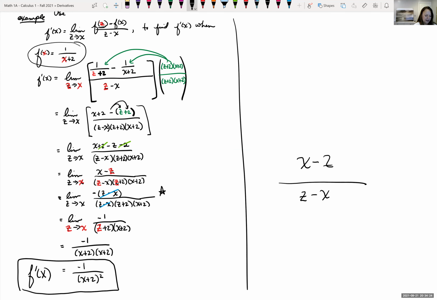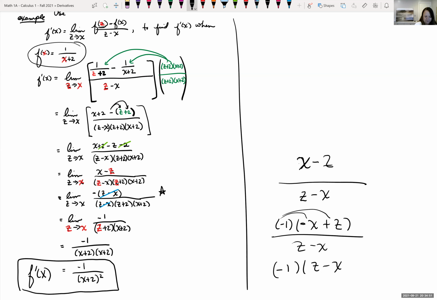So if we pull out -1 from the top, that would make this x negative x, because -1 times negative x gives me the positive x on top. And that would be plus z, because -1 times this z gives me the negative z. And so I just rewrote this, and it's all over z minus x, as -1 times z minus x.